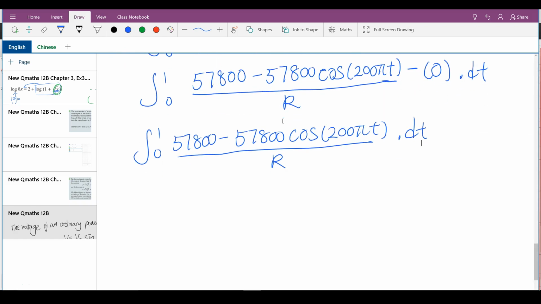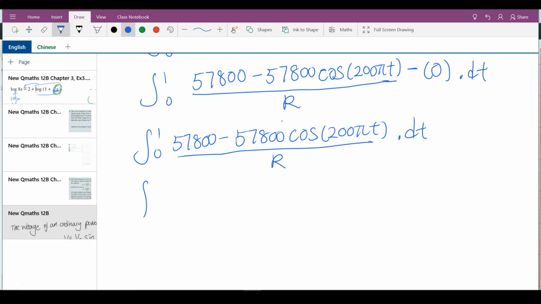So we need to start integrating. Before we integrate, I'm going to do something to the equation. I'm not going to change the value of it.